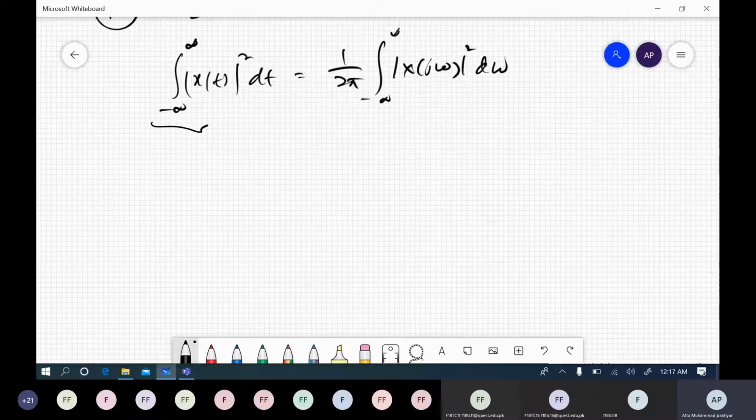So we would solve this one and see if this is equal.